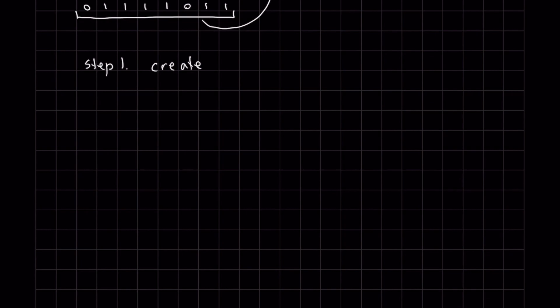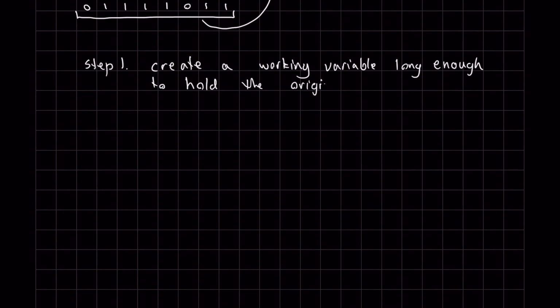Create working variable long enough to hold the original number and the binary coded decimal number.